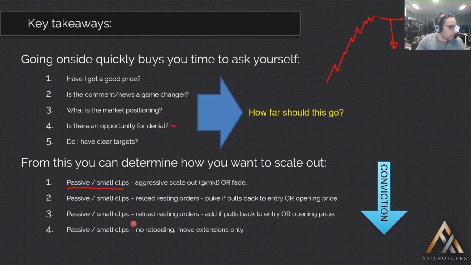I'll be reloading the resting orders in a similar instance as I said before, but if it comes back to my opening price and the price action looks to firm up a bit, I will look to add a small proportion back in, just to extend the amount of time that you could potentially stay with the trade.